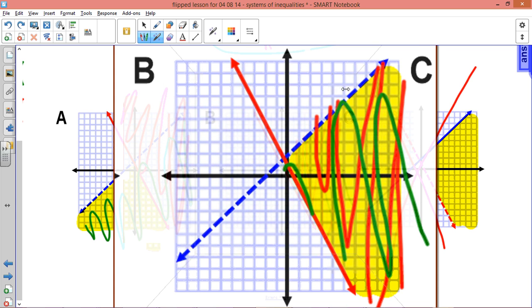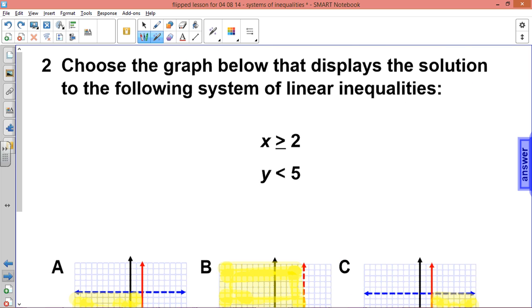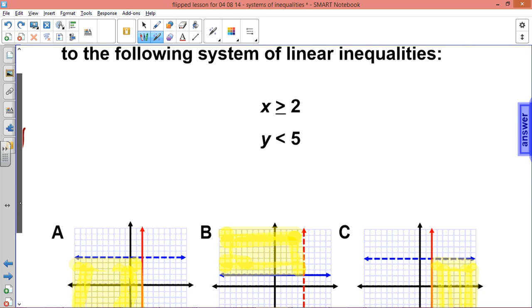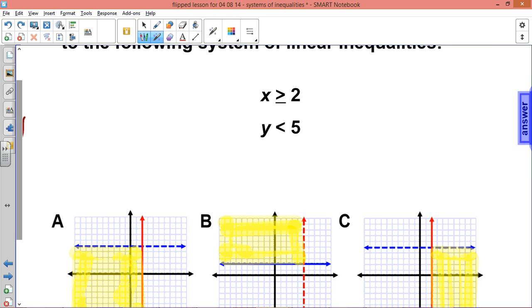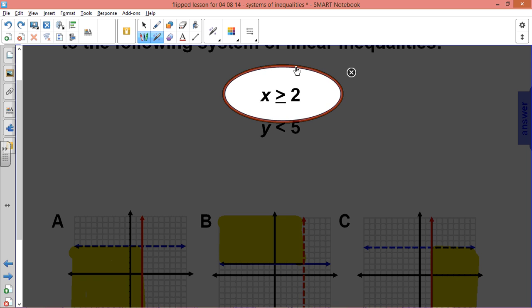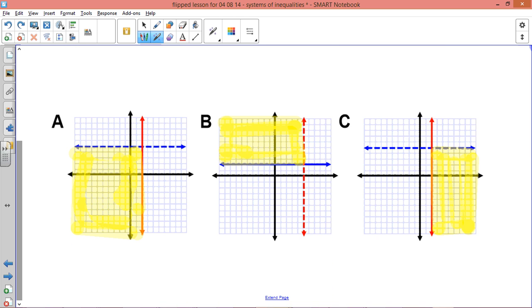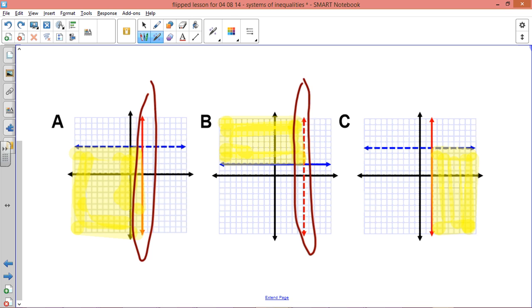Okay, let's move on. I want to choose the graph below that displays the solution to the following system of linear inequalities. X is greater than or equal to 2. So I need a vertical line at x equals 2, and it has to be solid. Vertical line, solid, x equals 2, looks good. Vertical line, not solid, not x equals 2. I know it's not that one.